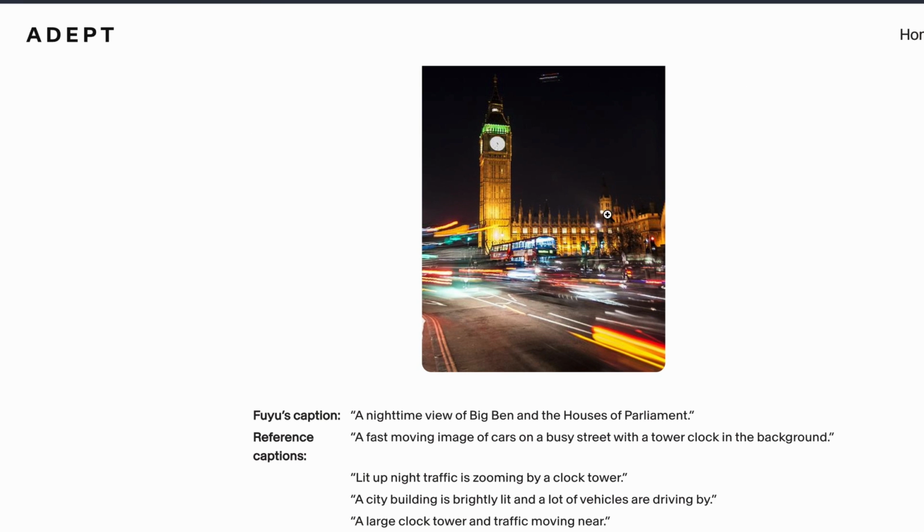For example, if you've got an image like this, Fuyu has captioned it, for example, as a nighttime view of Big Ben and the House of Parliament. And if you see here, the reference caption that they have does not have anything related to this. Because of this, the benchmark score might say that Fuyu is not good at this captioning, while Fuyu has actually got the extra details which the benchmark references have not got.